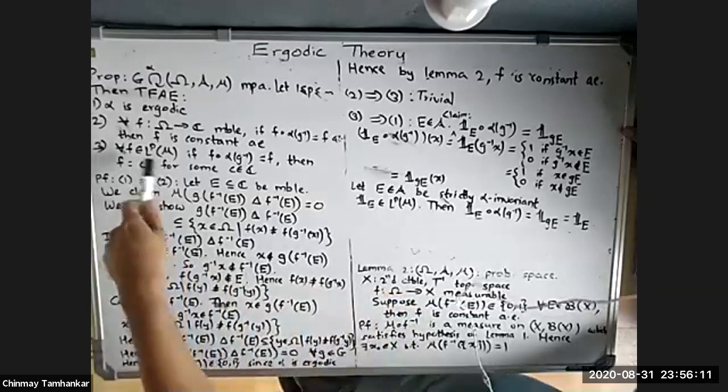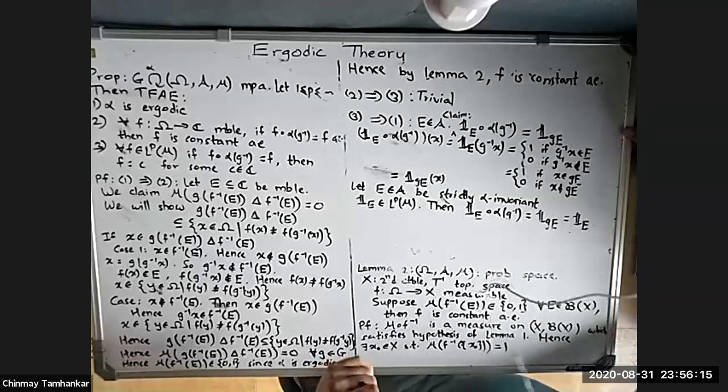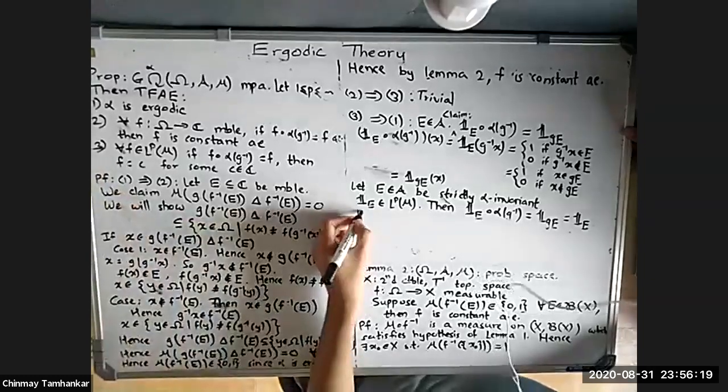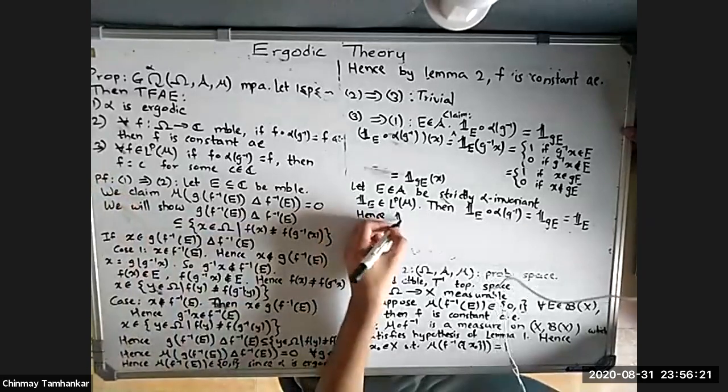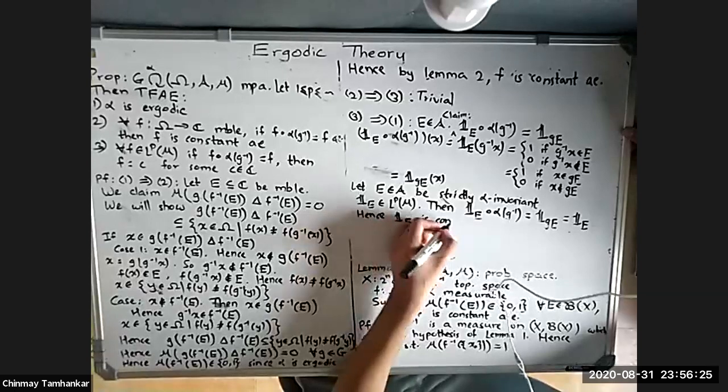So this characteristic function of E satisfies the hypothesis of 3. Hence 1E is constant almost everywhere.